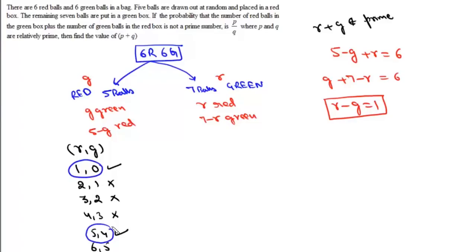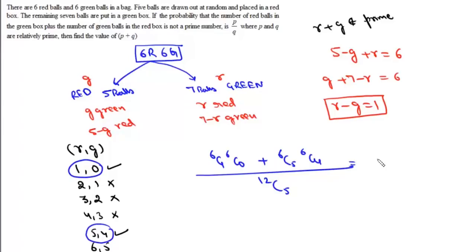Now we need to find this probability, and it is given as P by Q. Now for the red box, we need to choose 5 balls. So out of 12, we can choose any 5, so it will be 12C5. In the first case, we have 1 red and 0 green. So from this, it will be 6C1 into 6C0, plus here it is 6C5 into 6C4.